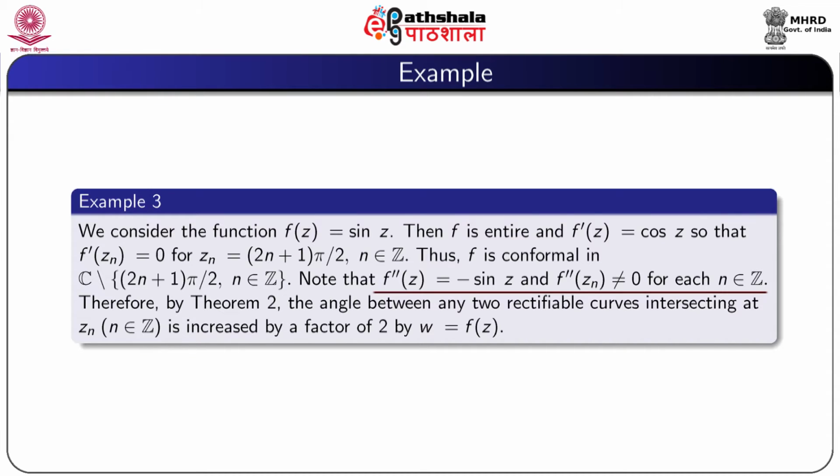Note that f''(z) = -sin z and f''(zn) is not equal to 0 for each n belonging to the set of all integers. Therefore, by theorem 2, the angle between any two rectifiable curves intersecting at zn is increased by a factor of 2 by the mapping w = f(z).